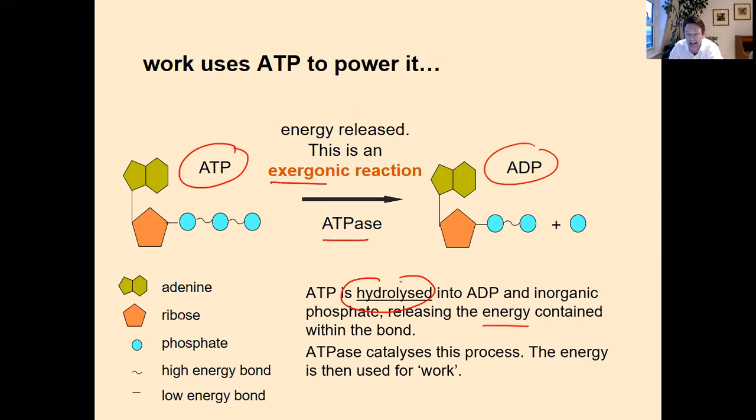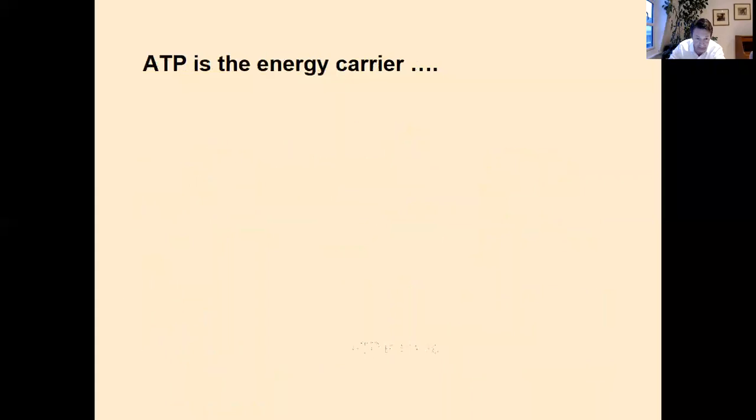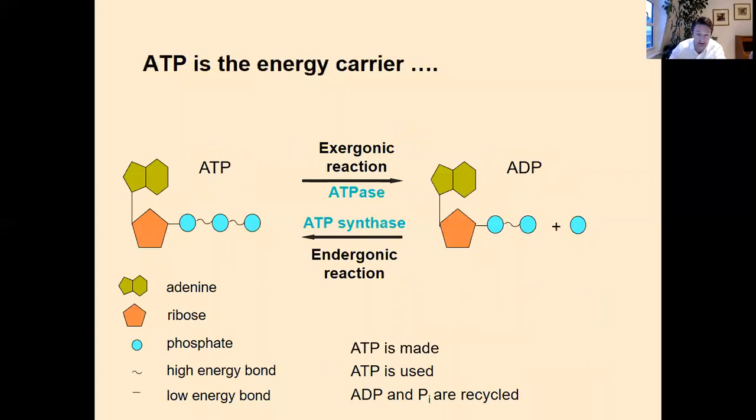We then use that energy to power things that require energy, so moving ions across membranes, endocytosis, exocytosis, etc. So we've got an exergonic reaction which is releasing energy. We've got an endergonic reaction, which is storing the energy.